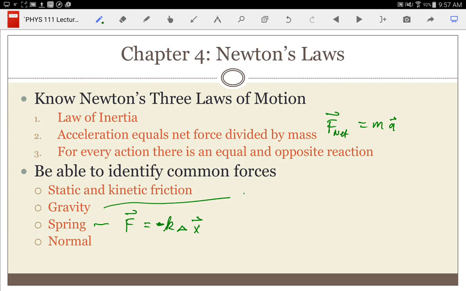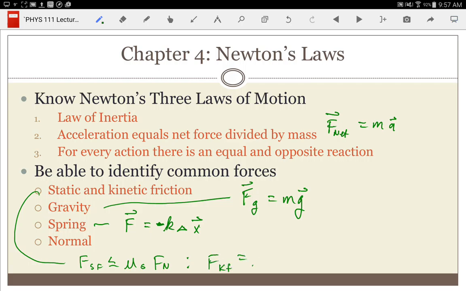The first one we learned was force of gravity is equal to mg. G is the acceleration of gravity, or the gravitational field, that by definition points down. And the normal, I already talked about the normal. Static and kinetic frictions, we have those equations. Force of static friction is less than or equal to mu static times force normal. Force of kinetic friction is equal to mu kinetic times force normal.